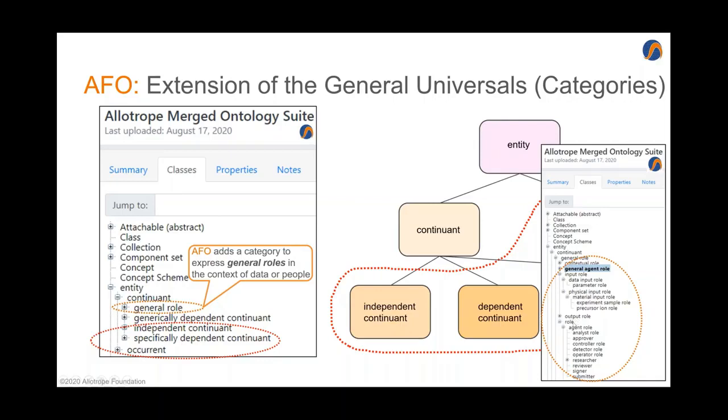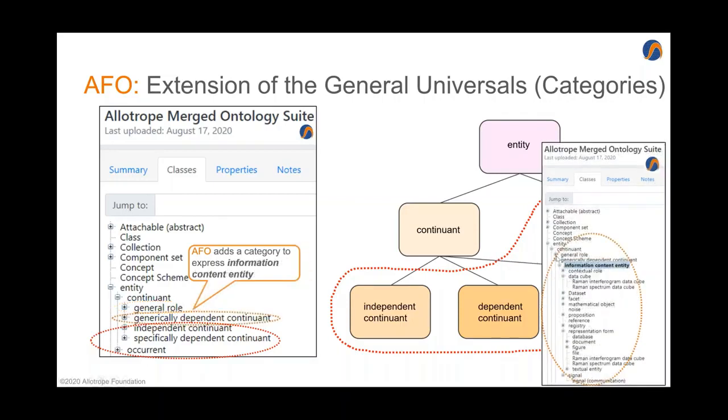And in the context of people: analyst role, approver role, controller role, and so on. And they are all under continuant. AFO also adds a category for information content entity, so things that are related to data cube, data set, facets, nodes, proposition, and so on.